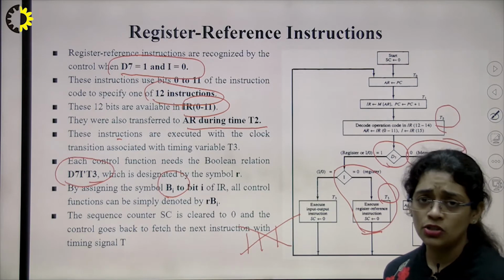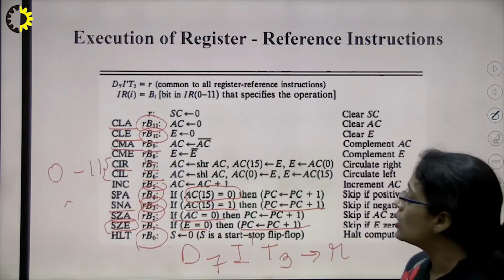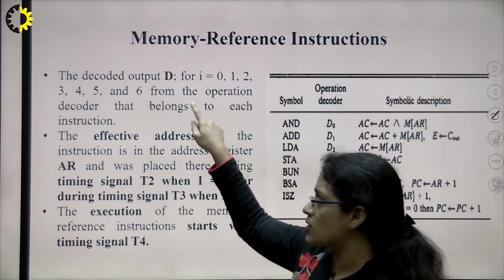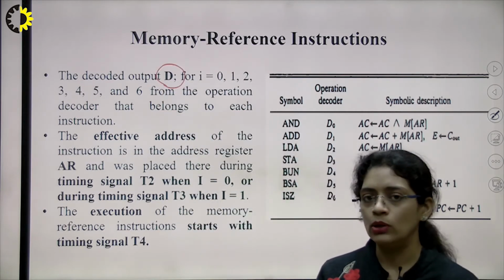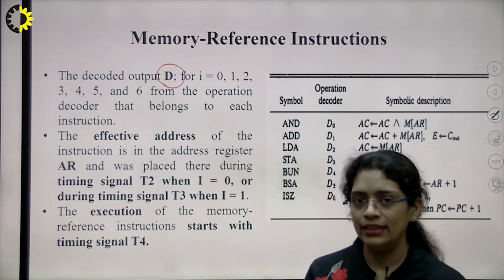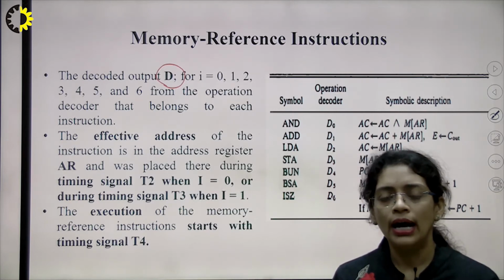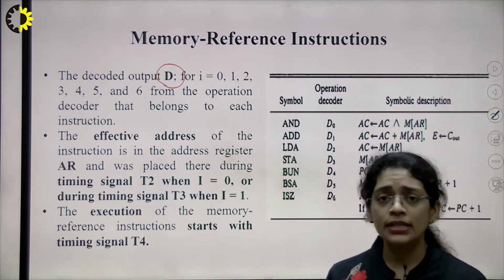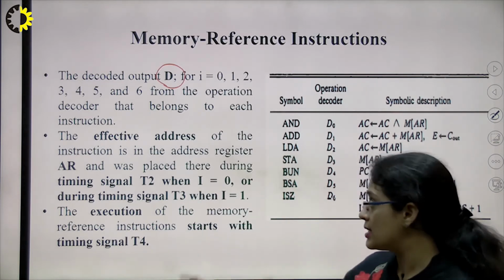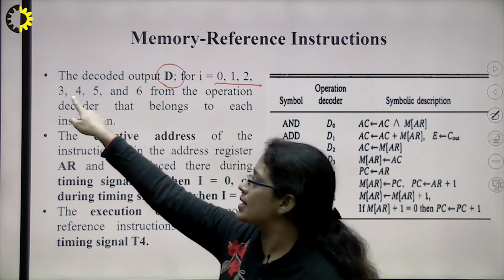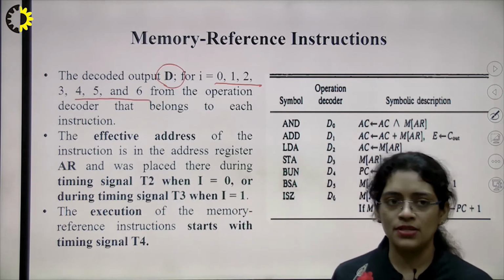That's the condition for memory reference. Here we decode the 12th to 14th bit of the instruction and store it in D. If it is D7, then it is not a memory reference. Otherwise, from D0 to D6, it's a memory reference instruction.